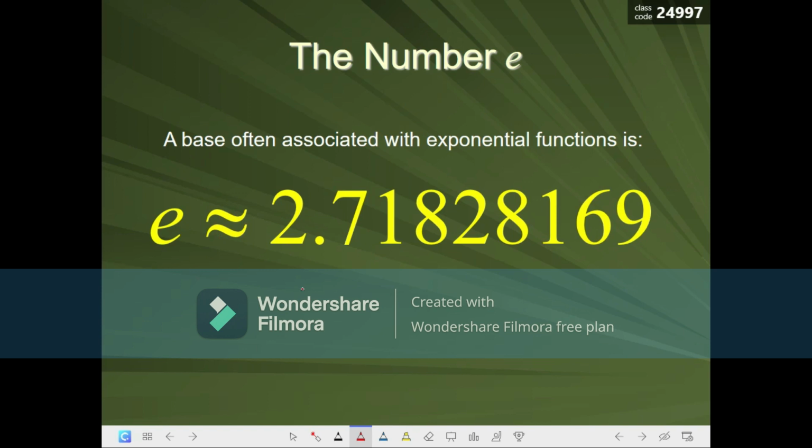This is an irrational number, just like pi. Remember, pi is the ratio between the circumference and the diameter of a circle, and that is an irrational number. The same is true with e. It is also an irrational number, and this is the value associated with exponential functions.